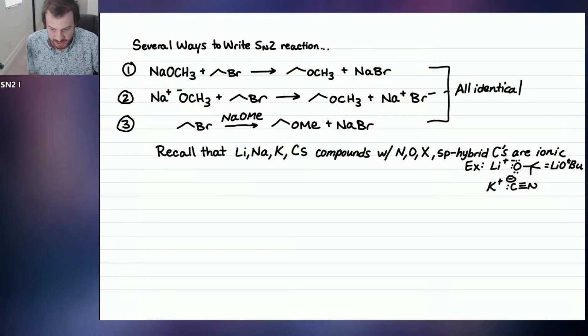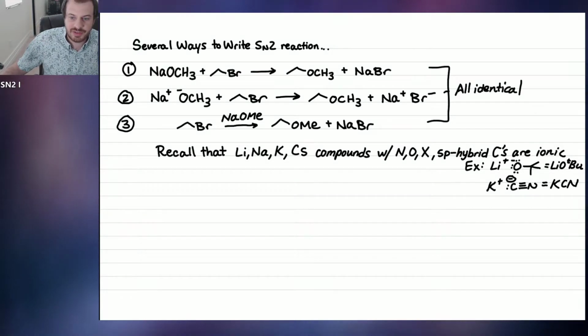That is an ionic compound between potassium and an sp hybridized carbon. You'll see that sometimes written as KCN. So this should be review. You should know that there are certain compounds that are ionic, and these sort of compounds are typically nucleophilic because they have a negative charge. And the metal, like lithium, sodium, potassium, cesium, is just a spectator ion, so it's not actually participating in the reaction.